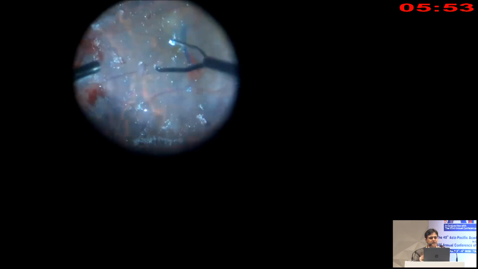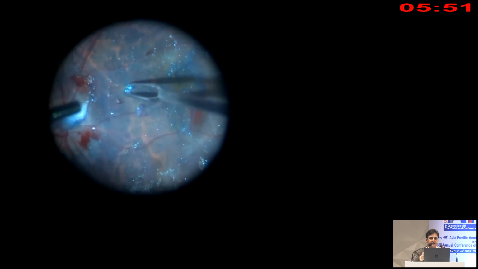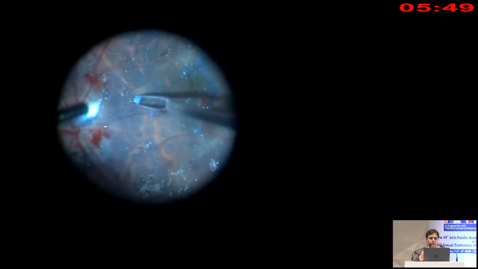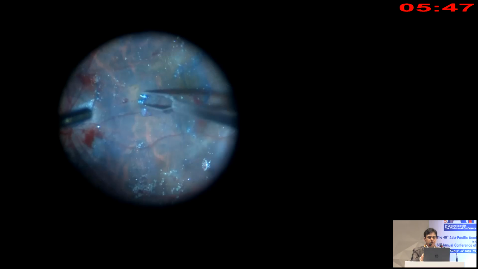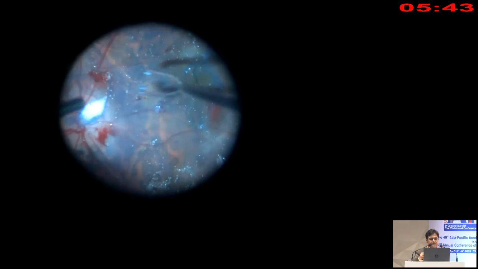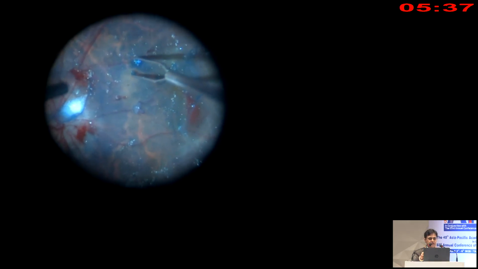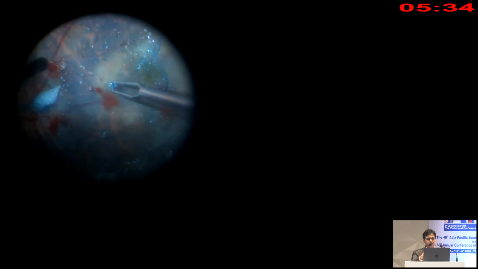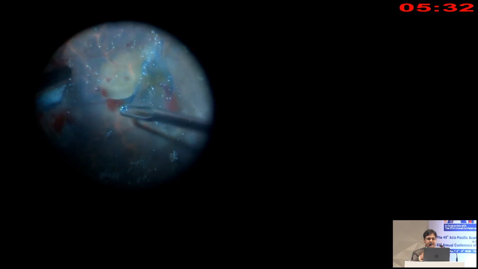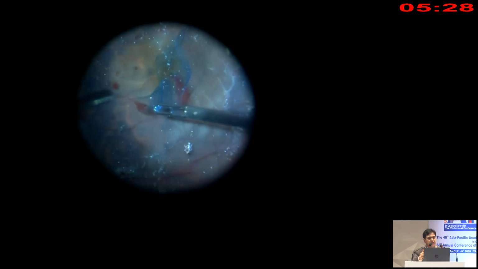The most important thing is to induce a posterior vitreous detachment, and if possible also try to do a foveal sparing ILM peeling. In such cases sometimes the ILM is very adherent and comes out piecemeal, but in this case I was fortunate enough to peel the whole of the ILM, sparing the fovea. That takes care of the detachment, and it takes a few months for the macular contour to come back to its normal anatomy.